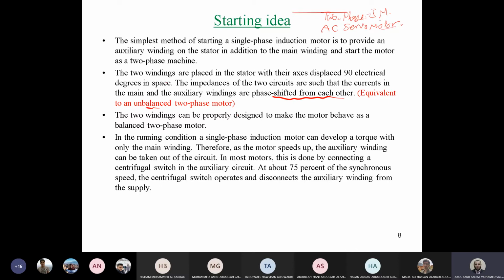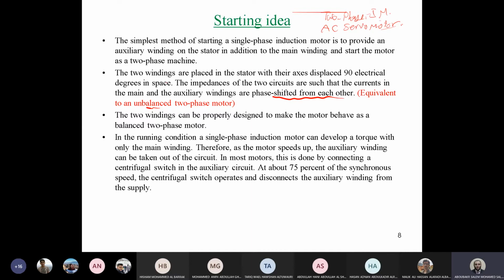To make phase shift, this needs special design of winding. As we said, the auxiliary winding has to be made from wires with a cross-section different to the main winding in order to have different characteristics. Instead of having R and L with the coil with higher inductance, we can make it with higher resistance.